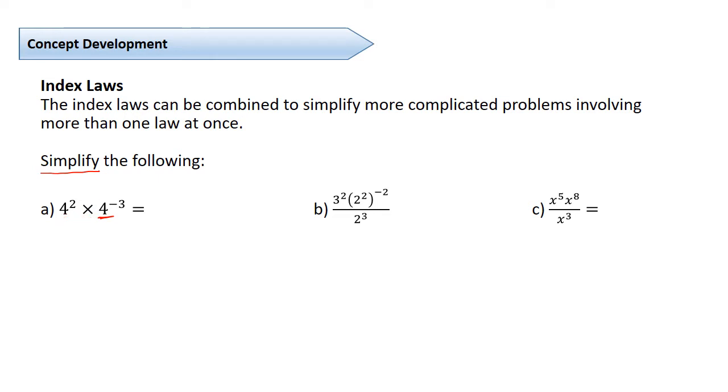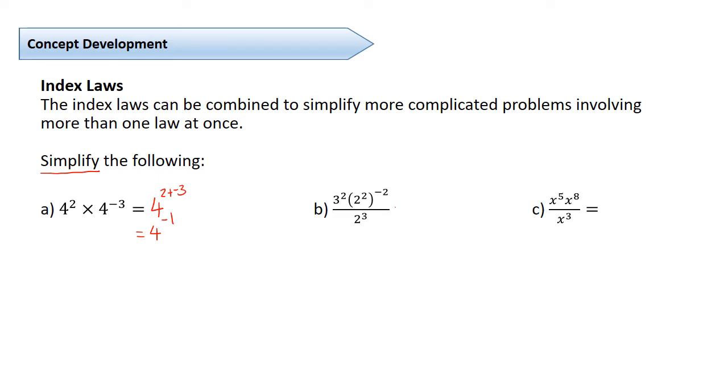So our multiplication tells us that we are going to be using the addition rule. So 2 plus minus 3, okay? And then I just need to simplify, evaluate that power. I get 4 to the 2, take away 3, I get 4 to the negative 1. Okay? So that's the thought process that I like to use when I solve these sorts of problems.